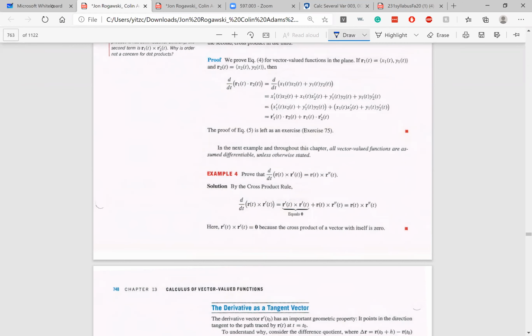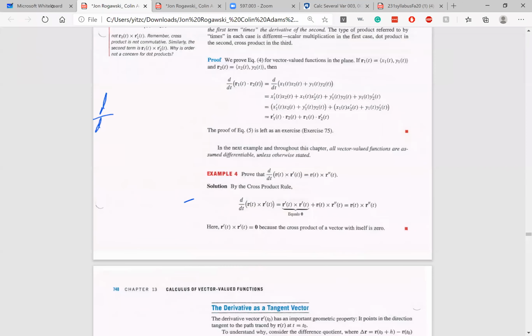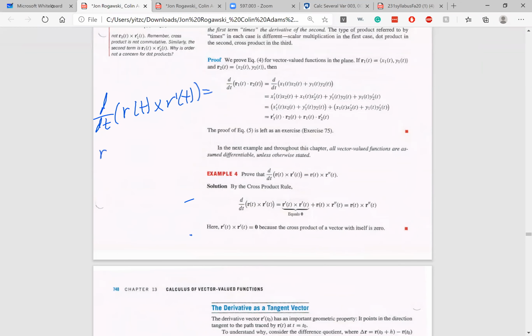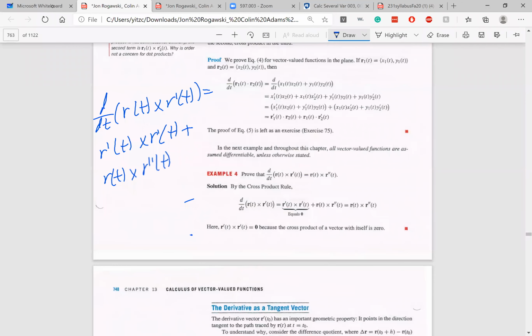All we have to do is take the derivative of r of t cross r prime of t, which is equal to r prime of t cross r prime of t plus r of t cross r double prime of t. The first is two vectors which are the same, pointing in the same direction, so their cross product is 0. So this is equal to r of t cross r double prime of t. And that's that. Okay?